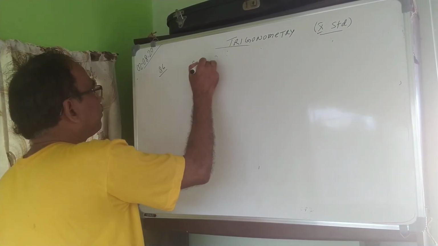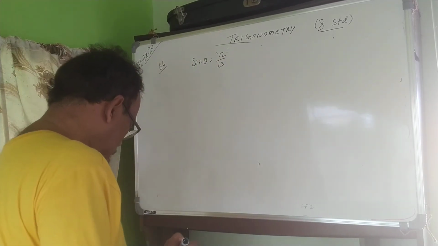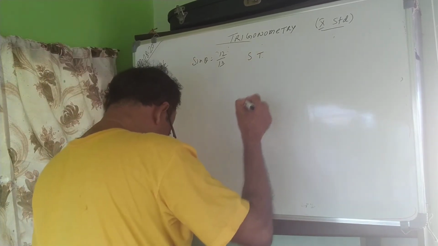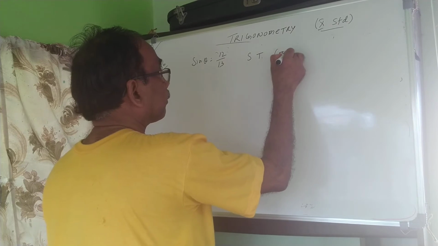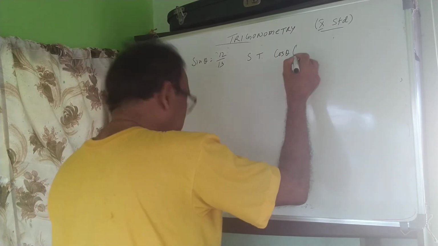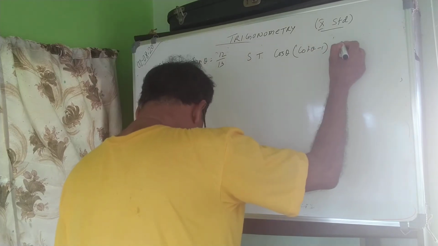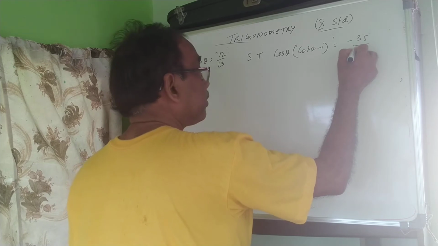Sin theta equals 12 by 13. Show that cos theta minus 1 equals minus 35 by 156.